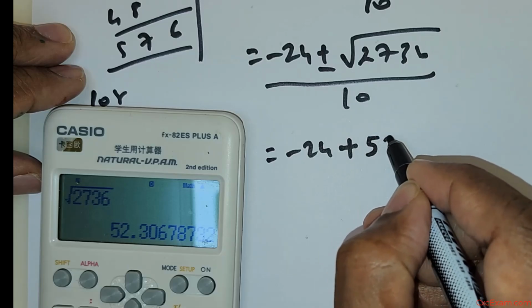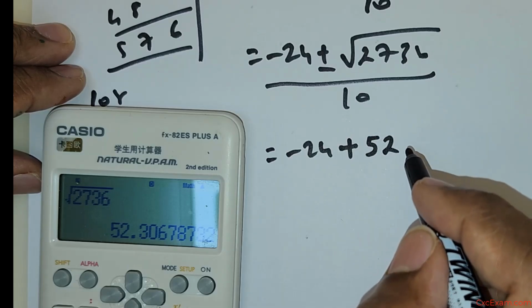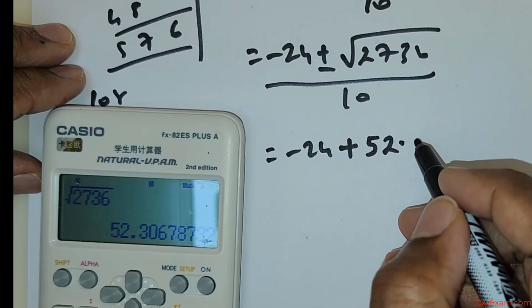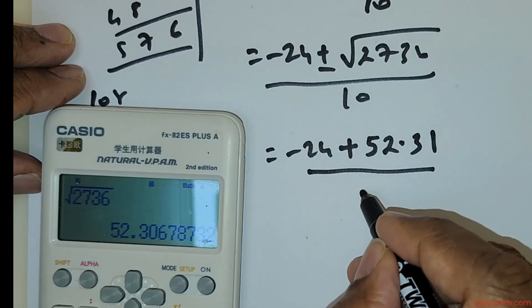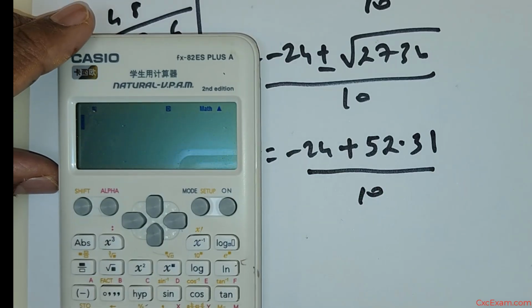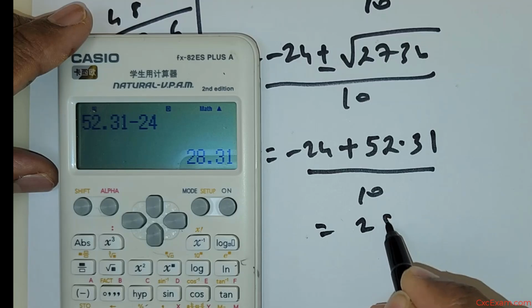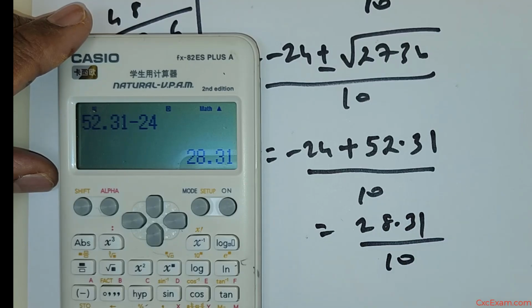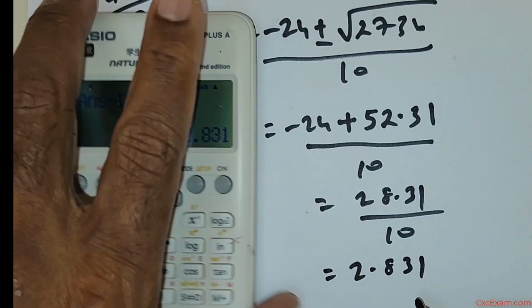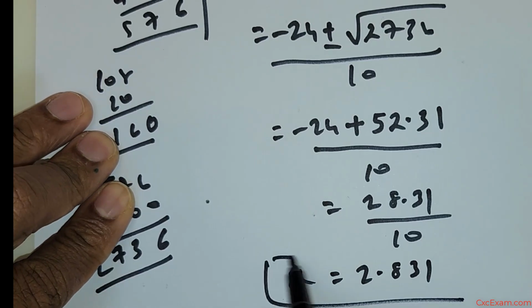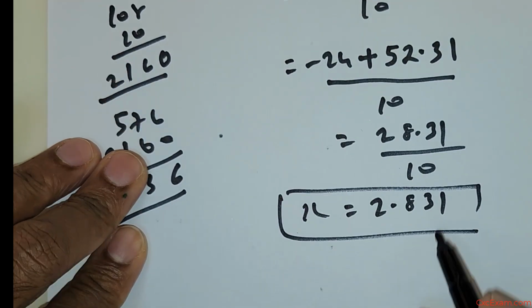Let me just take it as 52.31, 2 decimal places, divided by 10. So 52.31 minus 24, I'm getting a value of 28.31 divided by 10. So you divide by 10, you get 2.831. Now what is this? This is my x value.